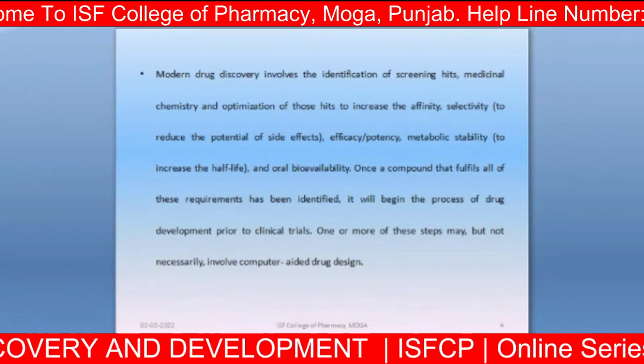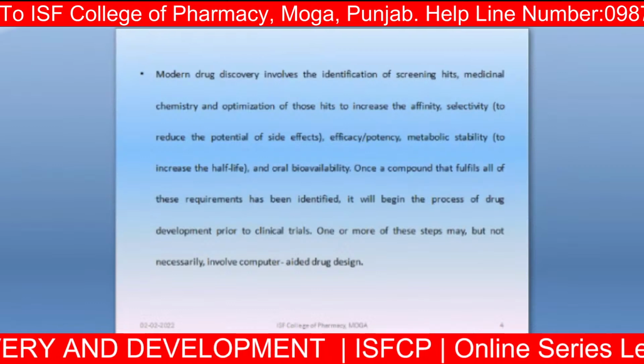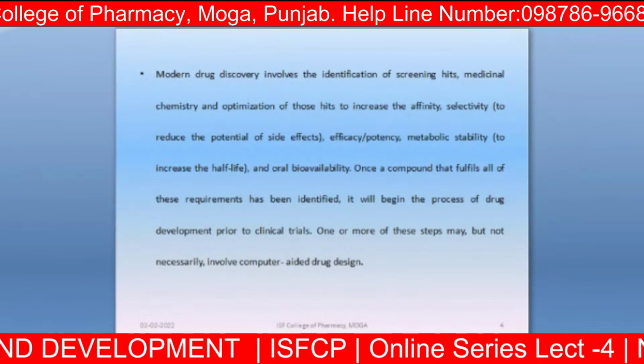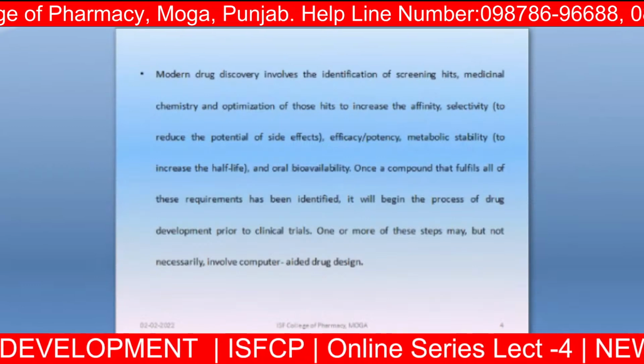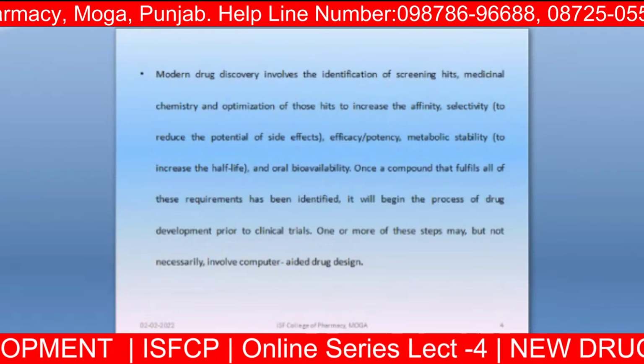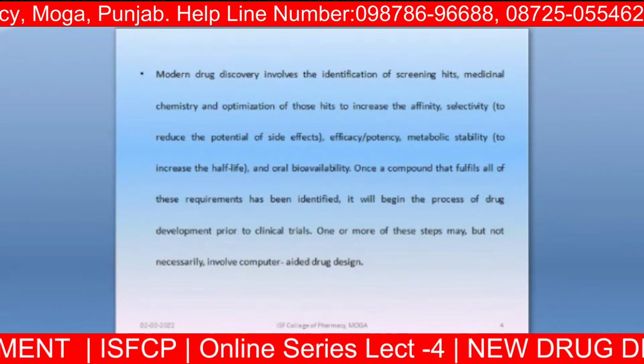But this does not happen. Only 20% of the drug passes the blood brain barrier, and now 80% is available in your body. So what will happen? It will cause unwanted side effects.